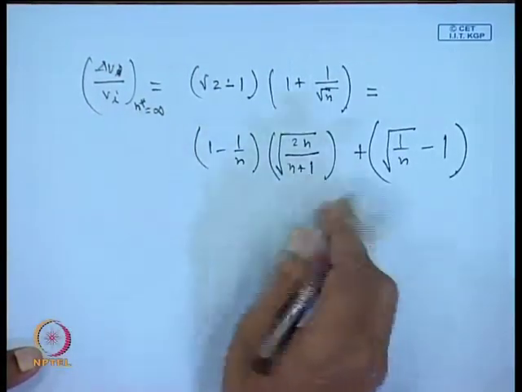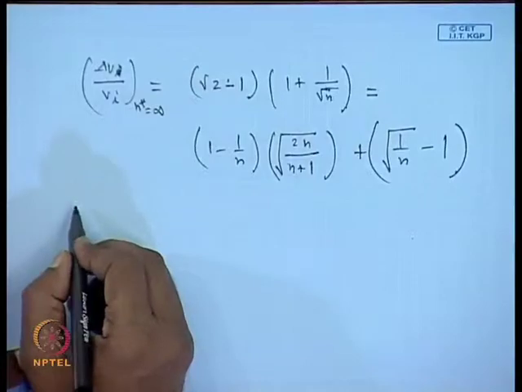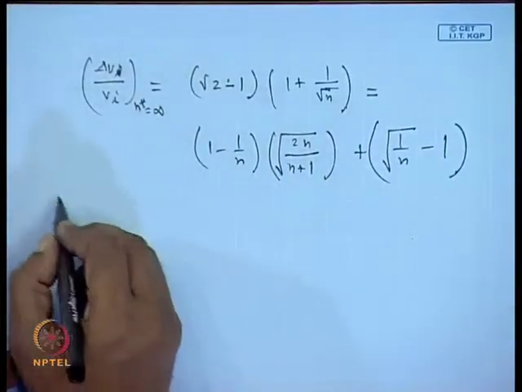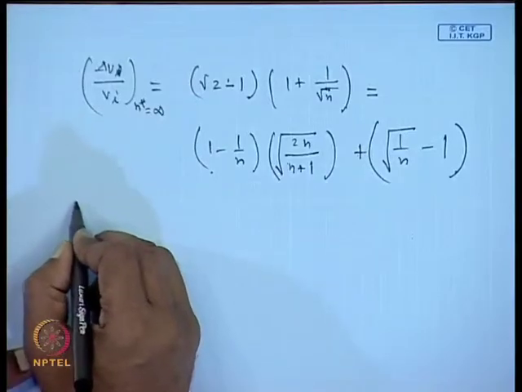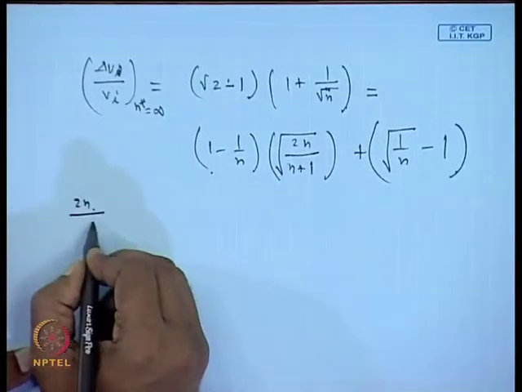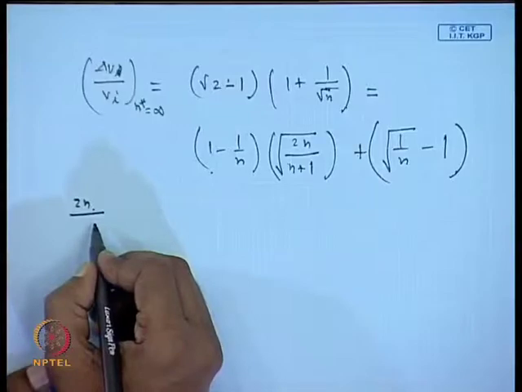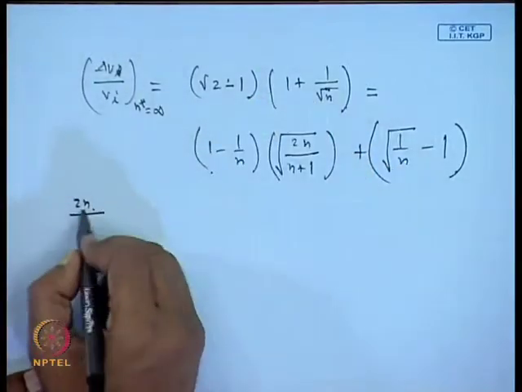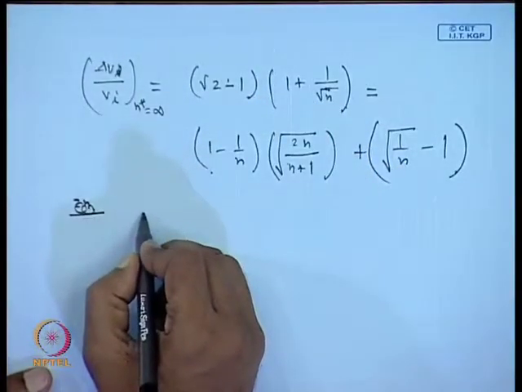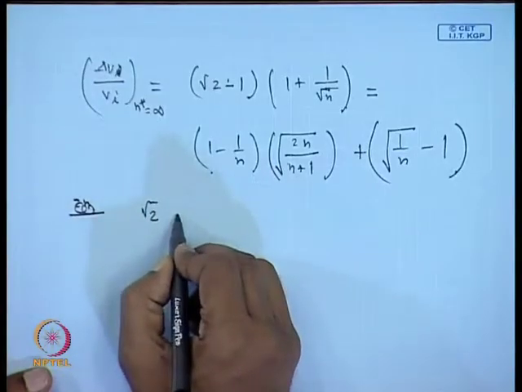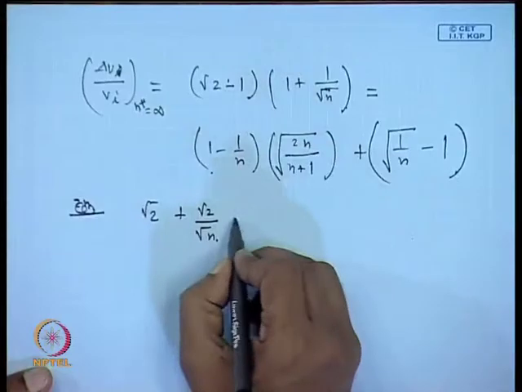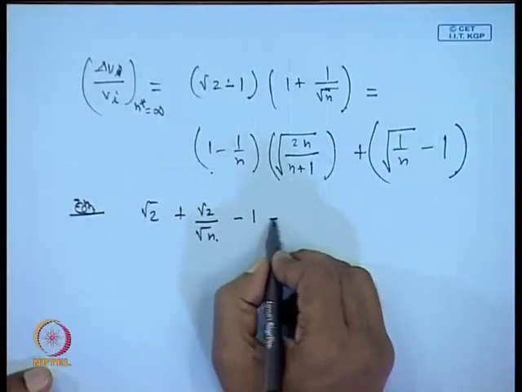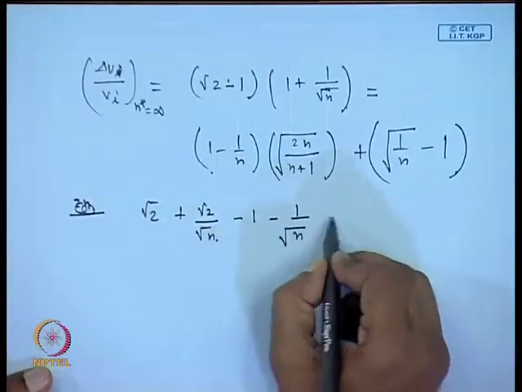So, what we can do, we can expand this term here on the right hand side. So, this I will write on the left hand side, this particular term which is appearing on the right hand side. So, this is 2 n by, okay, this term also we need to expand. So, this is root 2 plus root 2 by root n minus 1 by n under root.